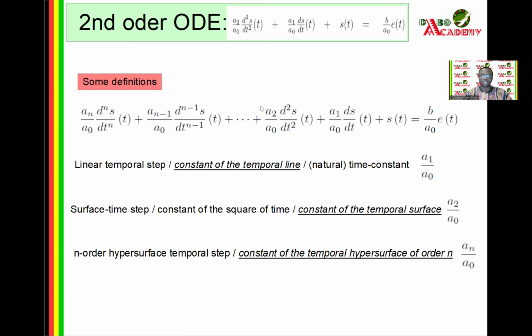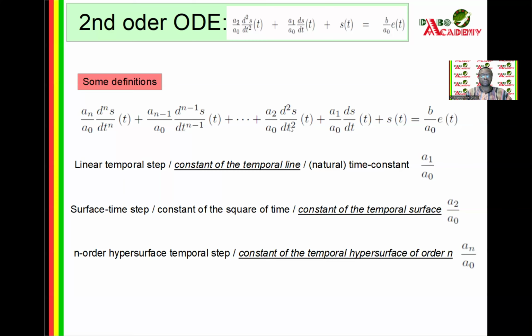This one, the A2 over A0, remember that we just stop here for the moment, considering a second order system. The surface time step, this is how I call it, because the expression here is, if you check the unit, second times a second, and then it will give you a second square, and I consider that that is a surface of time. Okay, if you see it in another way.